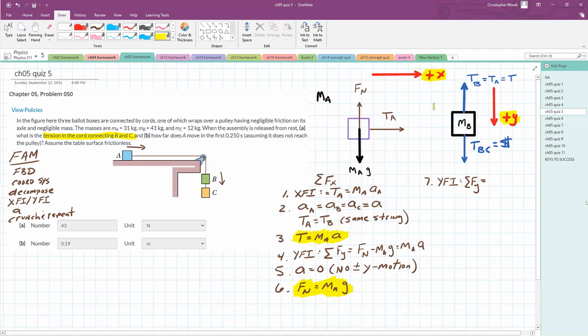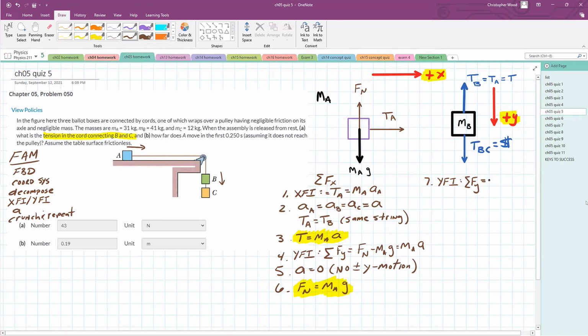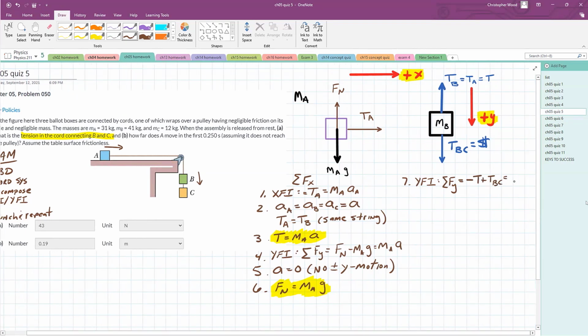All right, so with that said, my Y force inventory is then going to be negative T plus T_BC equals mass of B times A. And you follow that up robotically with an acceleration statement.